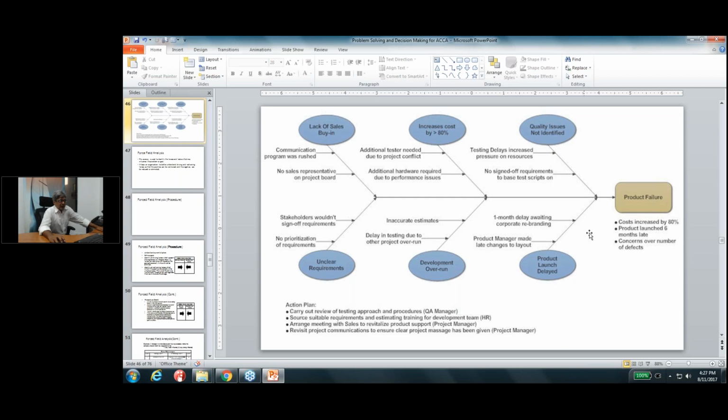This is the effect that we have, and at the back of it these are the potential categories, and from here you can identify why this is actually happening. If you look back, you will eventually find why this problem is occurring.